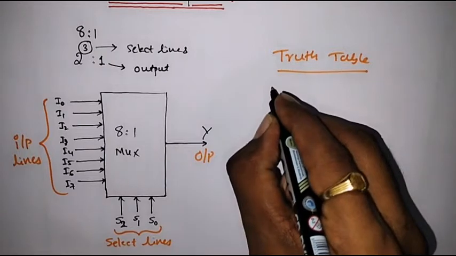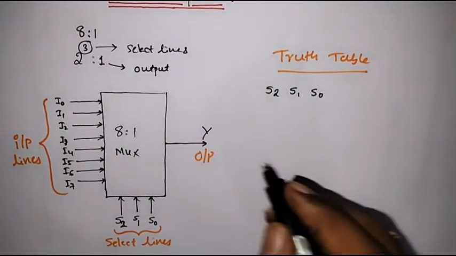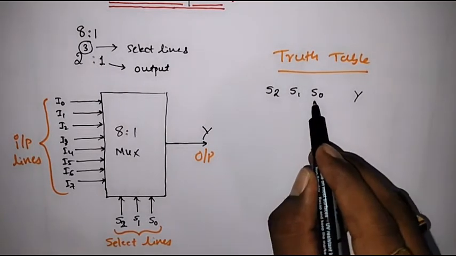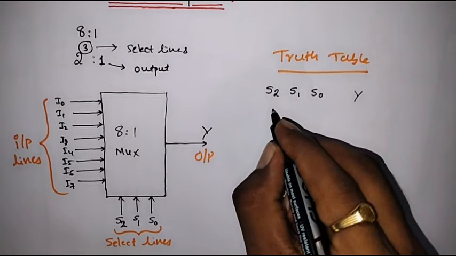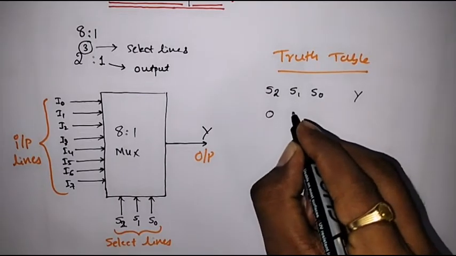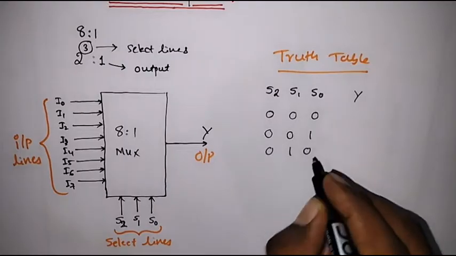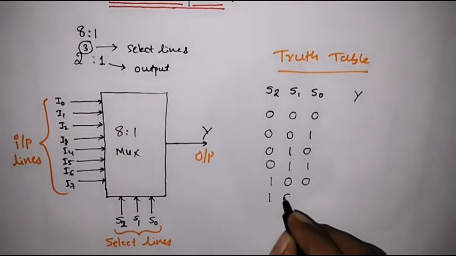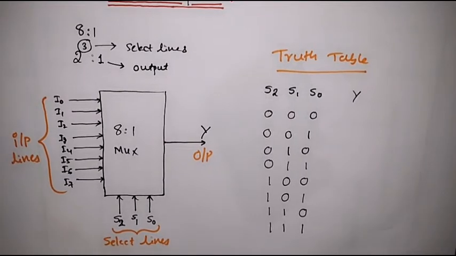Here the select lines are S2, S1 and S0 and the output is Y. As there are 3 select lines, the possible inputs are from 0 to 7, that is 0, 1, 2, 3, 4, 5, 6 and 7. These are the possible inputs.